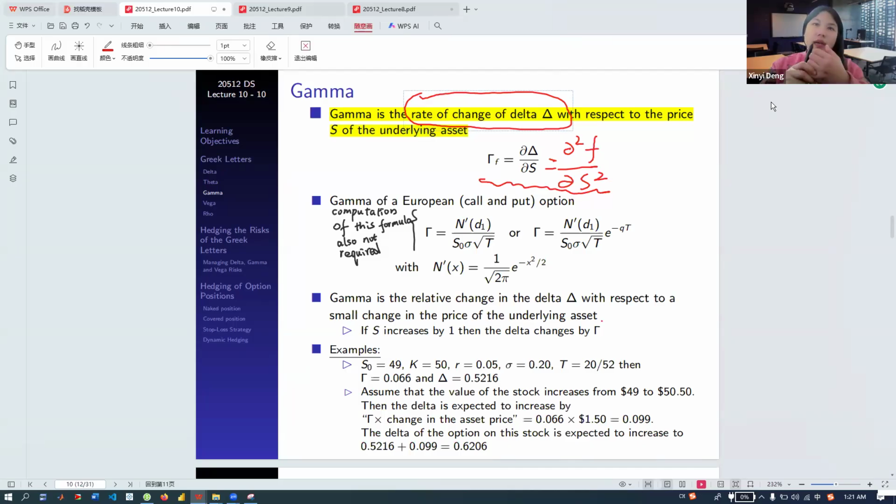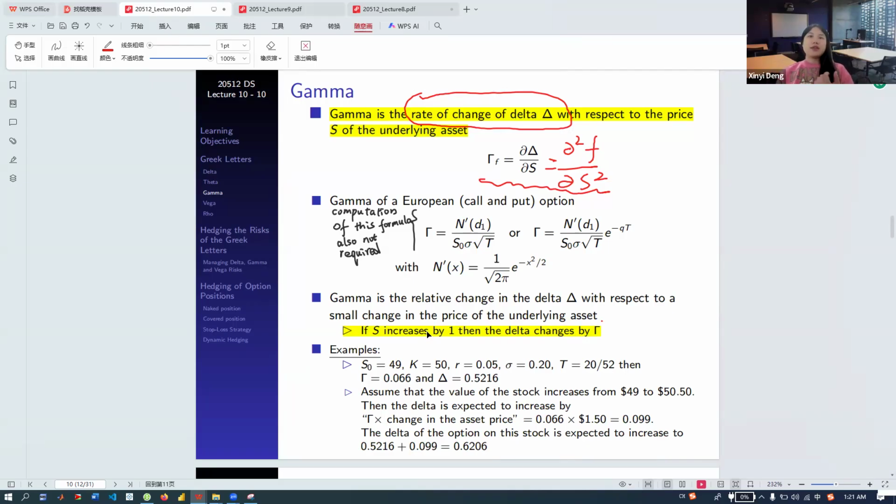So let's take a look at the specific example here. The implication is that if S increases by 1, then delta changes by gamma.